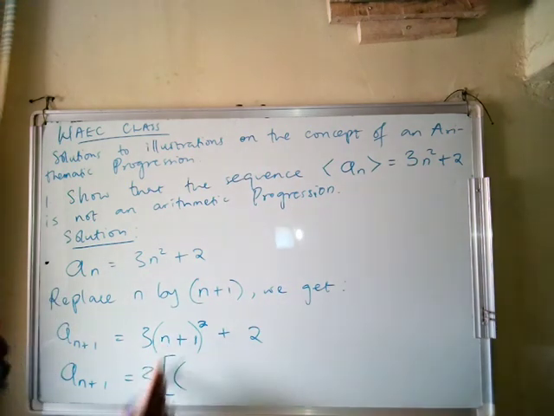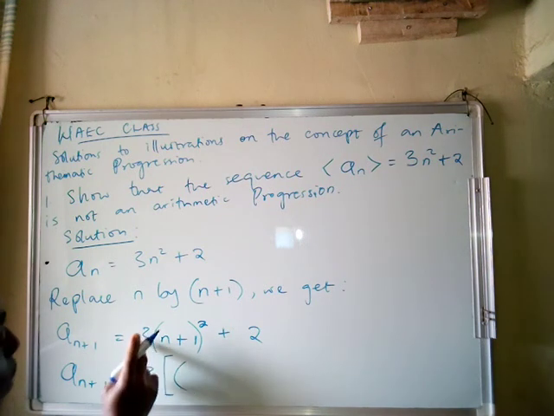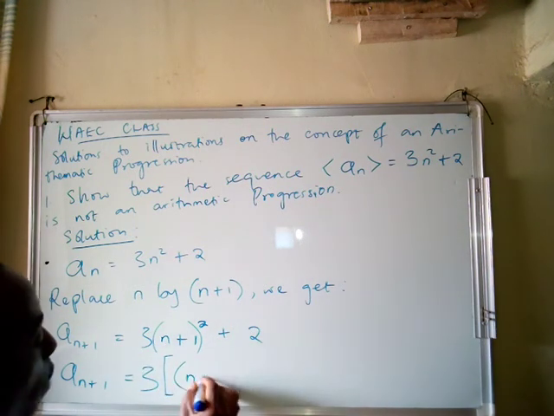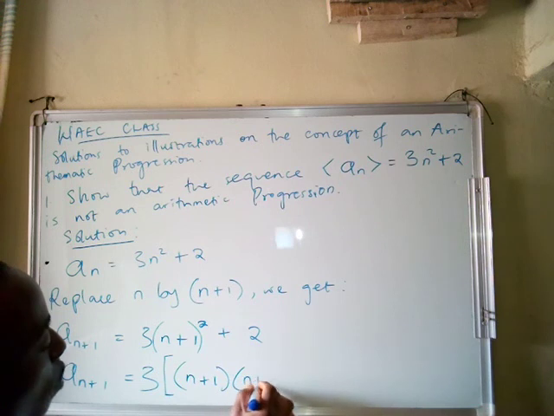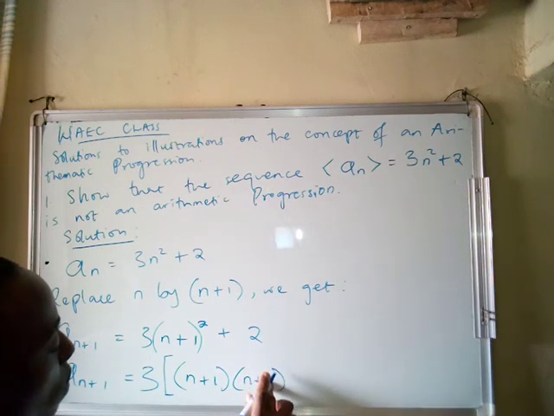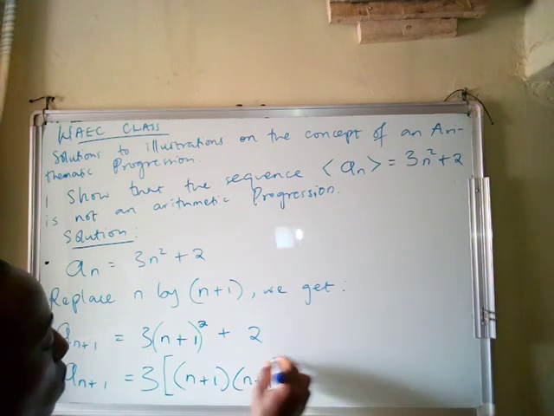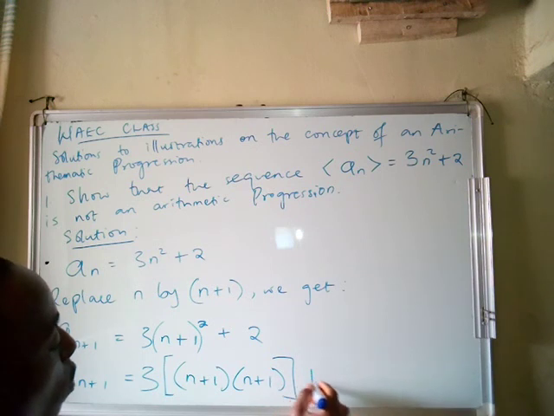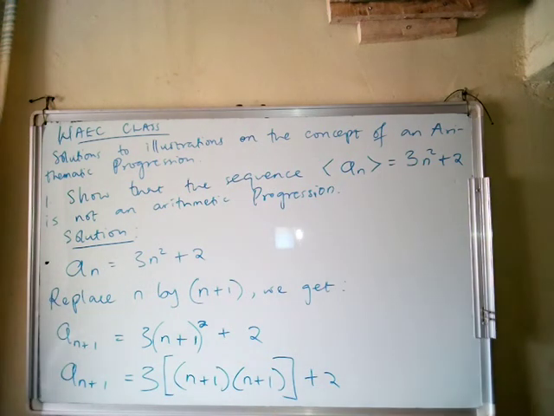Remember, this shows that you still have 3 by the side. So you have (n plus 1) bracket (n plus 1). Close this bracket and put your plus 2. Okay?